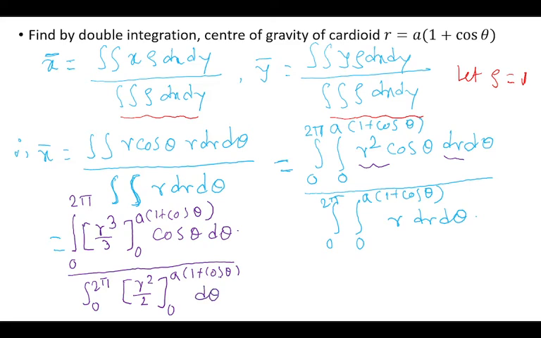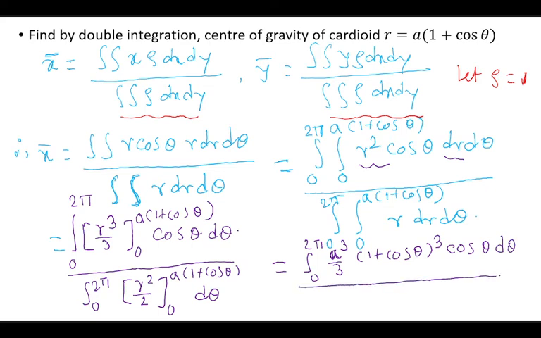So the outer integrals remain. If you put in the limits, you get the integral from 0 to 2 pi of a cube by 3 times 1 plus cos theta bracket cube into cos theta, divided by the integral from 0 to 2 pi of a square by 2 times 1 plus cos theta bracket square d theta.